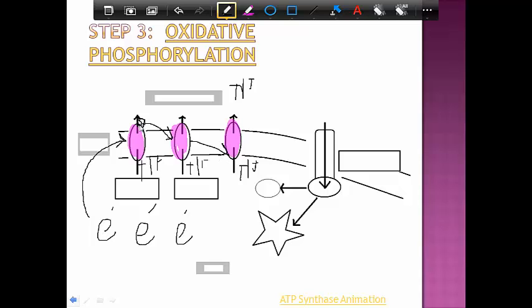So here, this first carrier, the electron level's energy is pretty high. As it gets passed down, it gets to a lower energy level. Here it's at an even lower energy level. And what's happening to that energy? That's the energy that's used to pump these hydrogen ions into that inner membrane space. Okay?